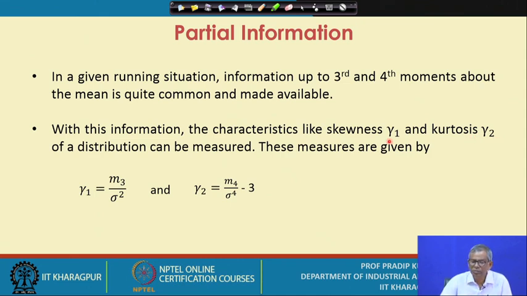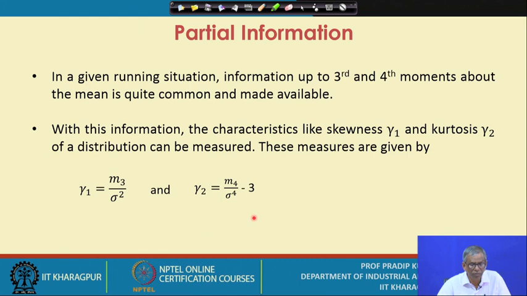So many a time you can calculate gamma 1, and when you get the value of gamma 1, you get an idea about the shape of the distribution. When information up to M4 is available, then only you can calculate gamma 2, that means you get an idea of the peakedness of the distribution.